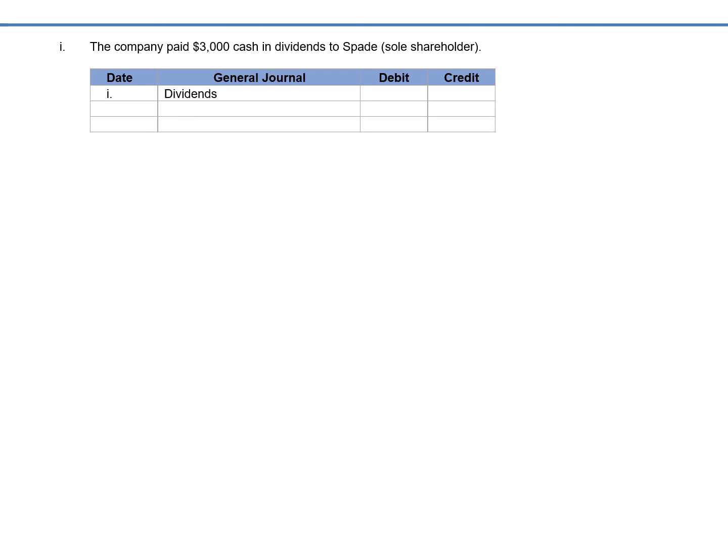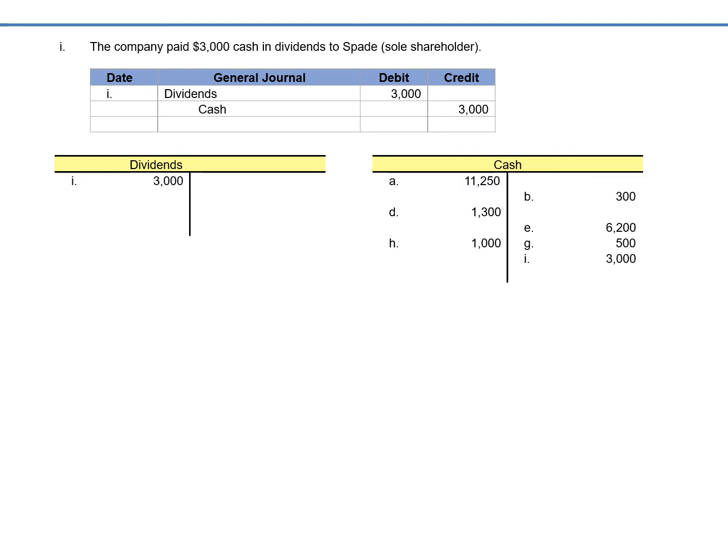So as our dividend account increases, our equity balance decreases. Anyway, so dividends, we're going to debit for $3,000. Cash, in order to decrease cash, we credit for $3,000. Then we post our transactions to the T accounts. So our debits get posted to the left side, credits to cash get posted to the right side.